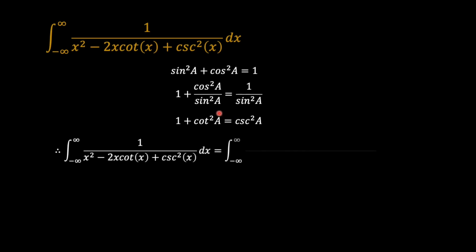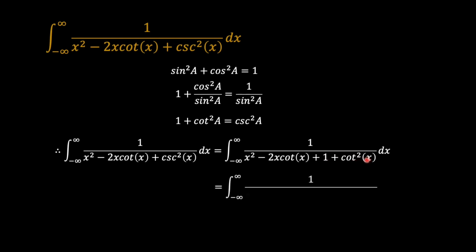It seems obvious, but I just wanted to begin with that preamble. So we have the integration of 1 over x squared minus 2x cot x plus 1 plus cot squared x.